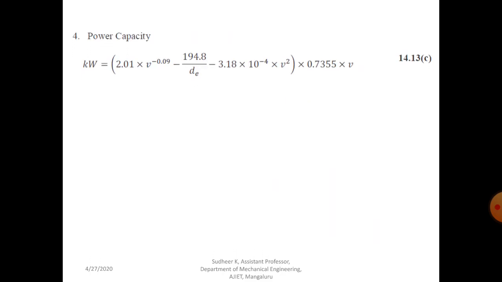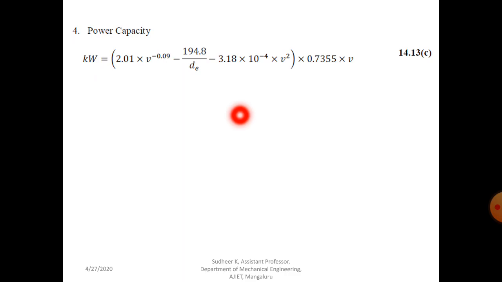Now move towards step number 4, that is power capacity. So based on the type of cross section, you have to find this. So you have equation number 14.13 starting from A to E for different cross sections. Here the belt cross section is C, so that's why you have to use equation number 14.13C.